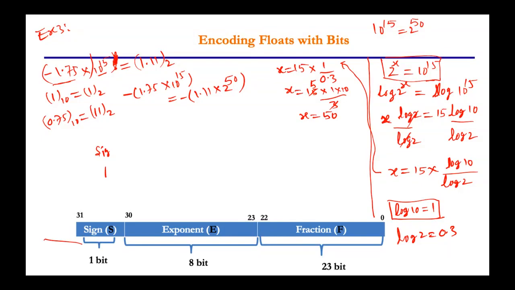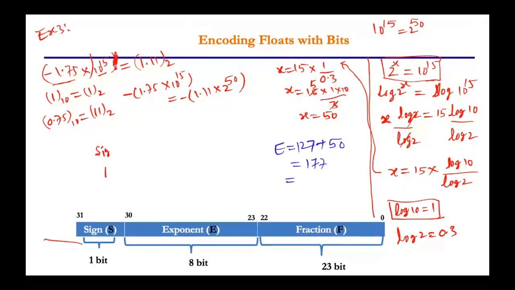Then your exponent bits are your 50. So this 50 can be calculated. How are we going to convert this 50? Okay. So for this 50, we can say that E is equal to 127 plus your 50. Right? So that gives your 177.